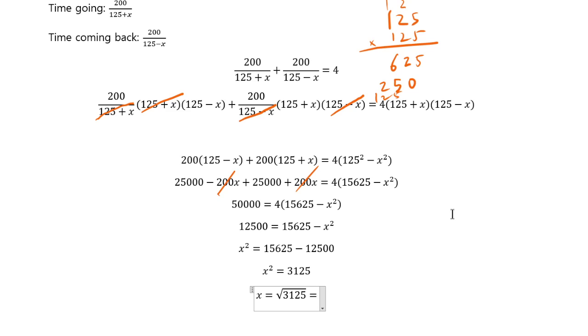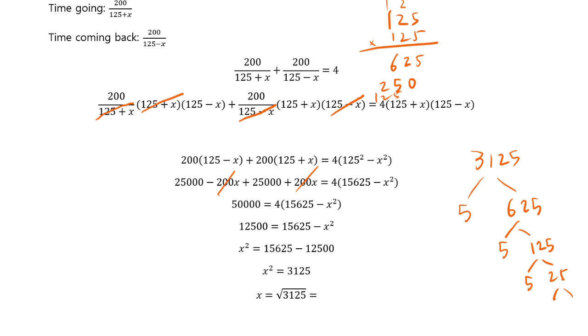So if I take 3,125 and divide it by 5, it's 625. And 625 is 5 times 125, and 125 is 5 times 25, 5 times 5.